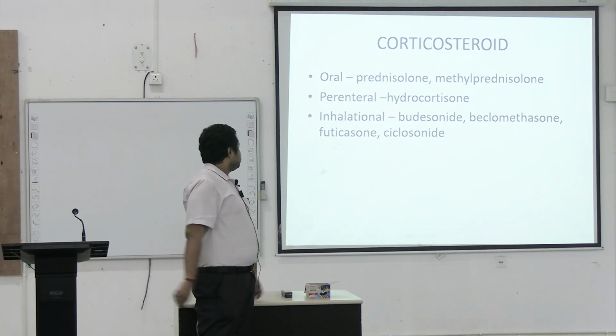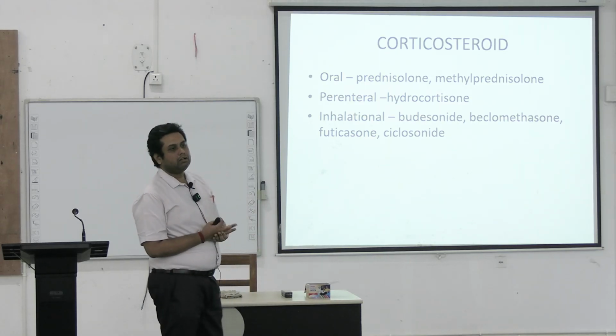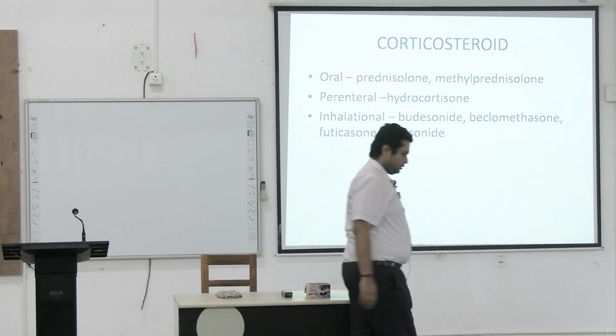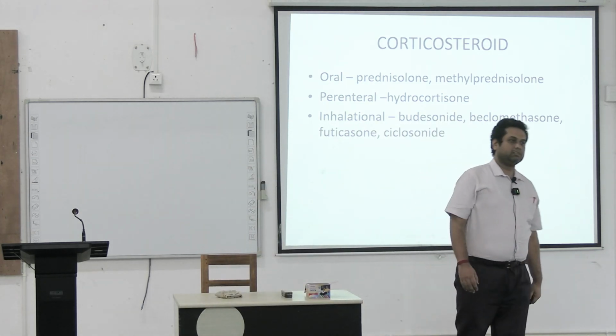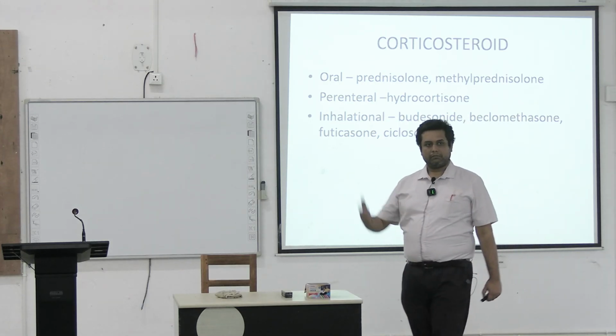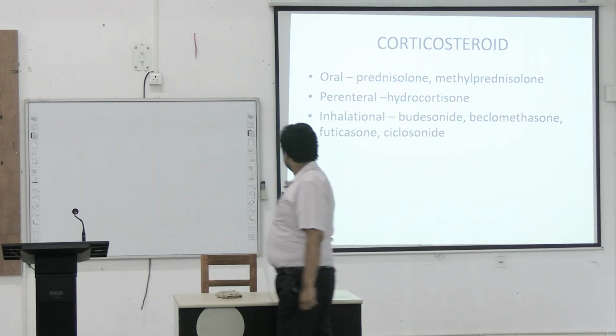Now, what is the problem with oral corticosteroid? Yes, Cushing syndrome. If overdosed, it will look like Cushing syndrome. What is Cushing syndrome? I hope you all know it.